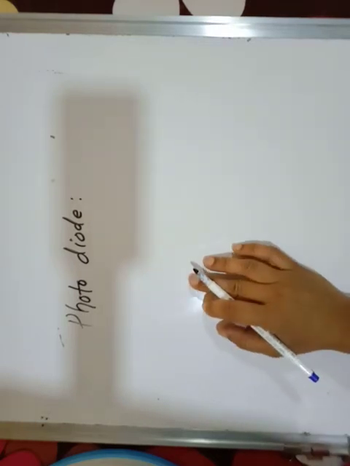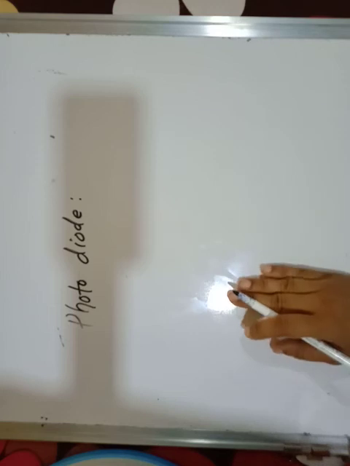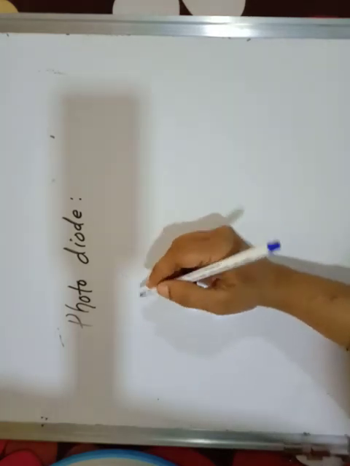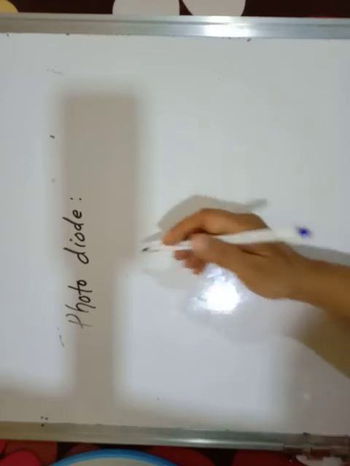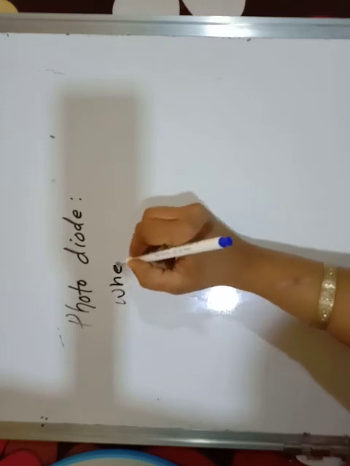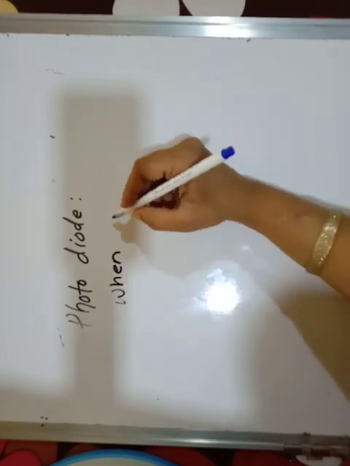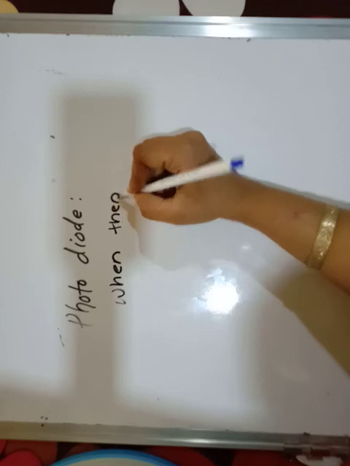In case of the photodiode, the function of this diode is exactly opposite of the LED. When light is incident on it, it conducts. It is manufactured so that when light comes over this diode, then it conducts.